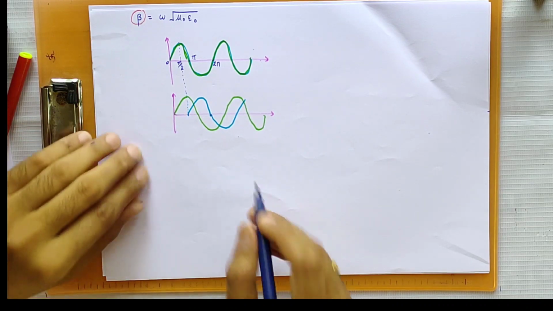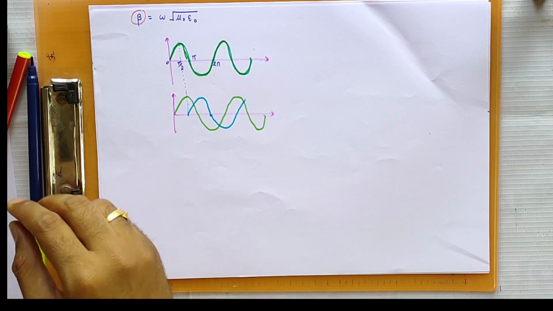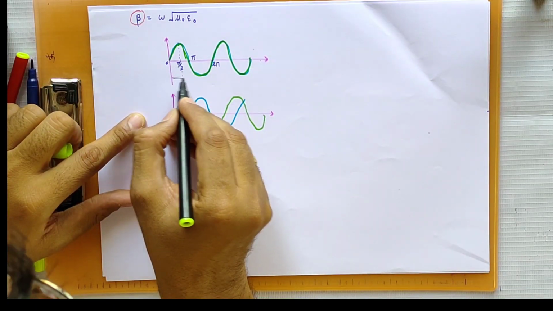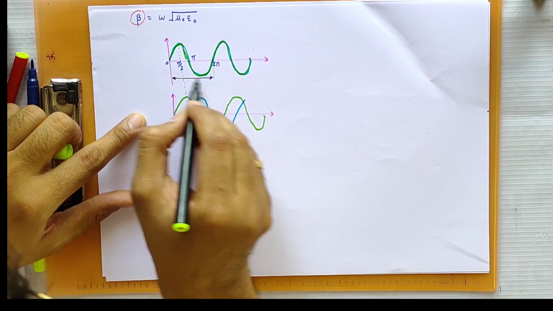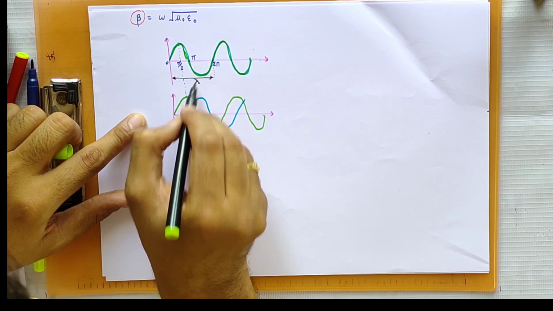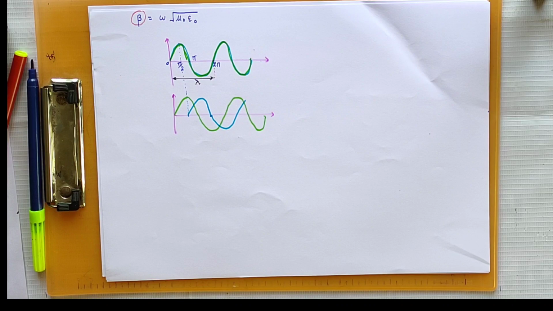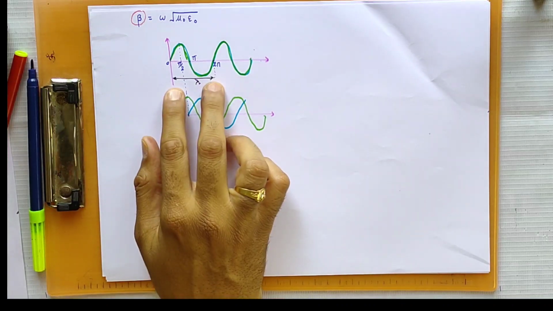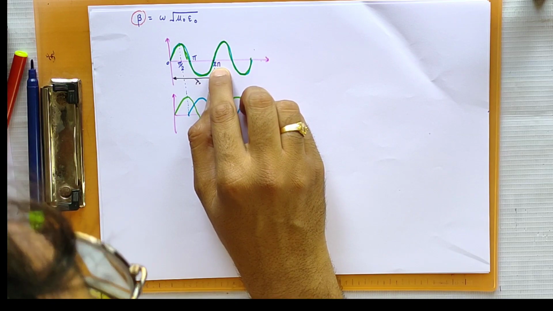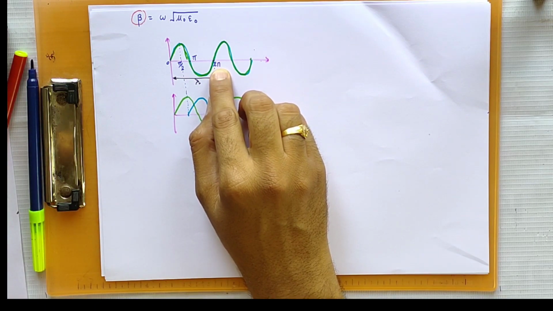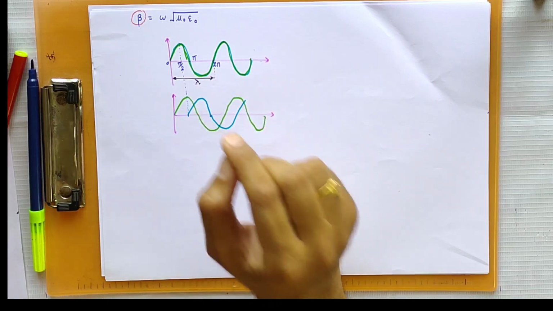Here, what is the wavelength? This is known as the wavelength, denoted as lambda. For lambda wavelength, the phase is 2 pi; the phase difference is 2 pi for the lambda wavelength.